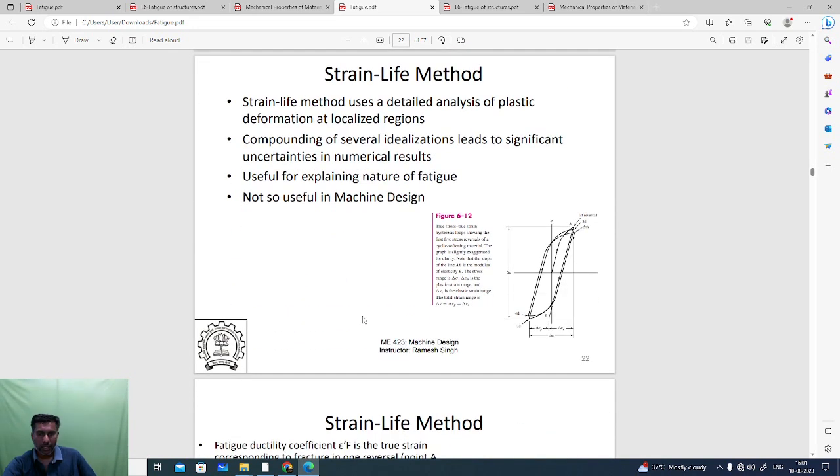The stress-life method and strain-life method use a detailed analysis of plastic deformation in localized regions. Compounding of several idealizations leads to significant uncertainties in numerical results. We already know the big point of the stress-strain relation, that is the hysteresis loop. From this point, the first reversal, then second reversal, third, fourth and fifth reversals, we consider.